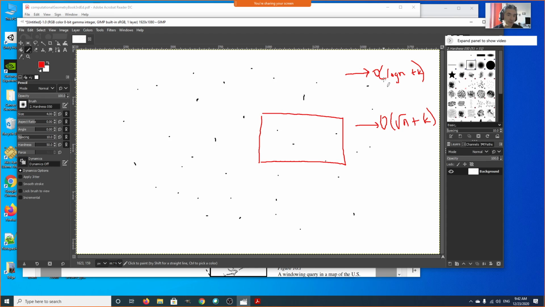It's worse than O(log n). And the disadvantage of 2D range trees is its space complexity. While KD trees require O(n) space, we need O(n log n) space for range trees. So that's the added cost of using 2D range trees.